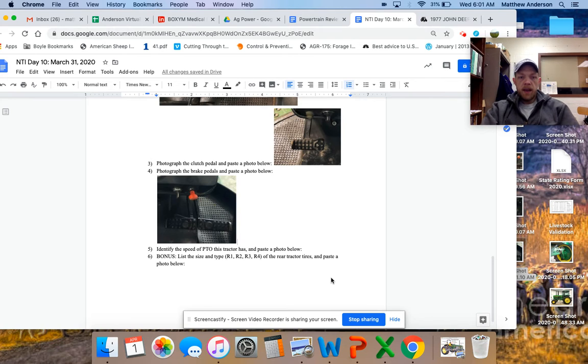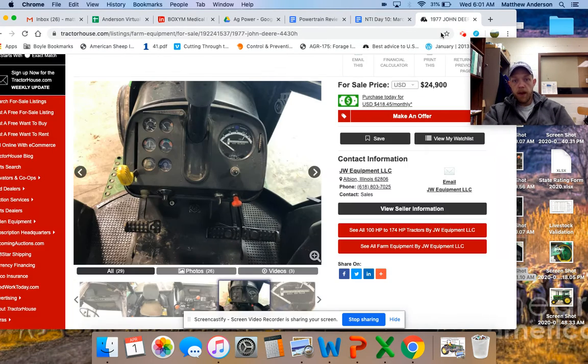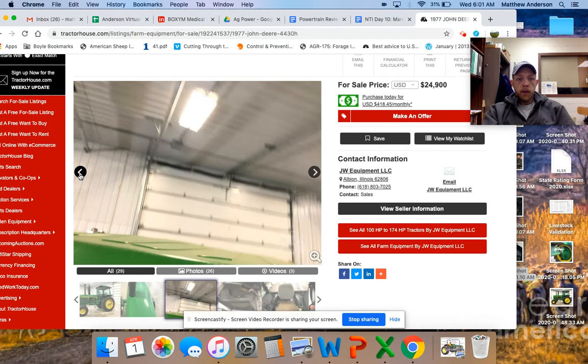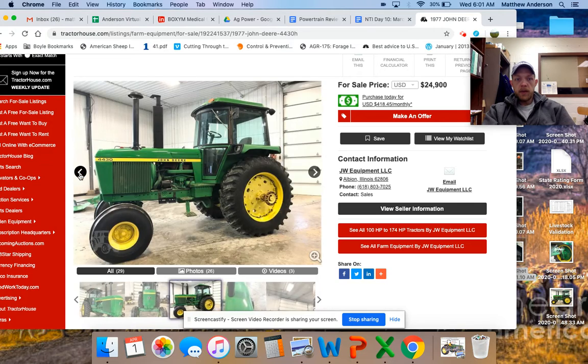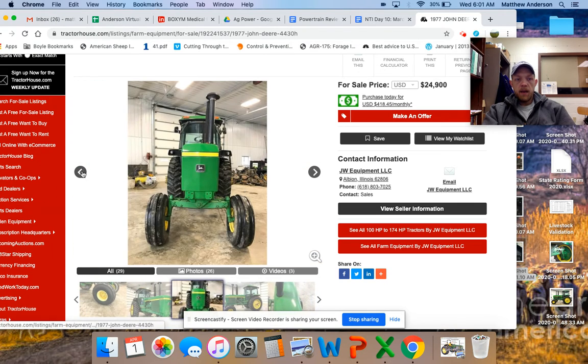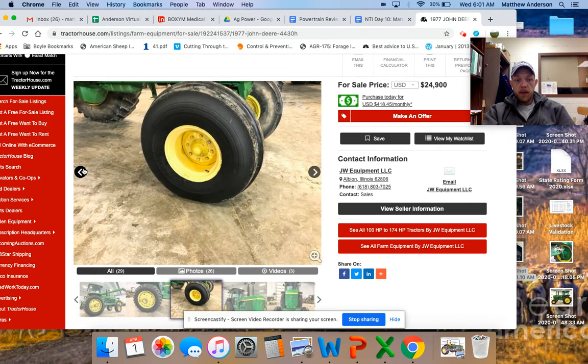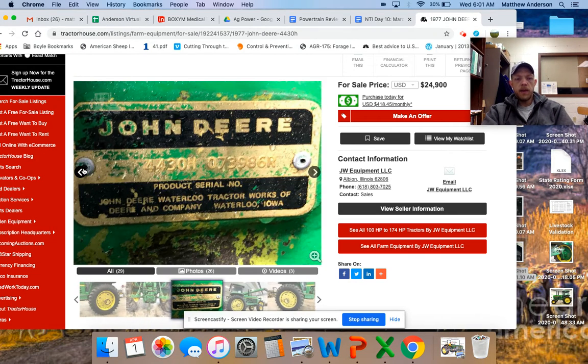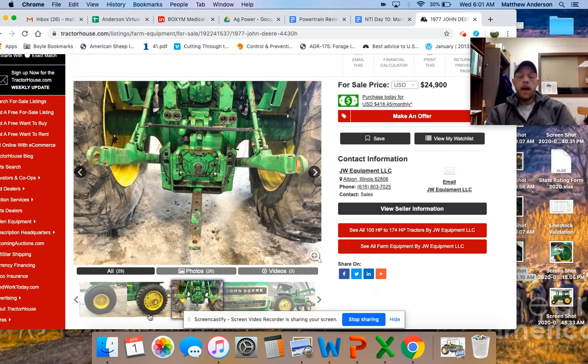Then identify the PTO speed of this tractor. Good question. We'd have to go back to Tractor House and look at some exterior shots. The 4430 was manufactured with both a 540 and 1000 RPM. Some of you didn't pick up on that, so you might have to go back and rewatch the screencast on power takeoffs, because some of you are putting down PTO speeds in miles per hour.